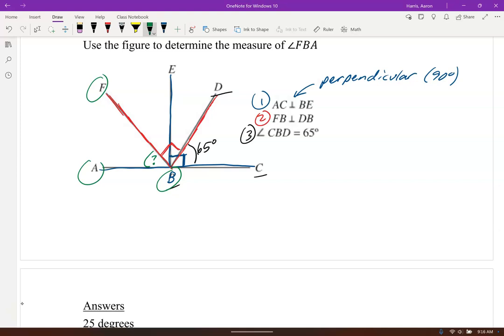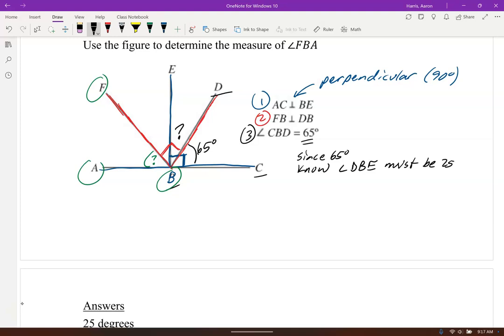Okay. Well, the first thing I'm going to do is take that 65 degrees. Since I have 65 degrees, I know angle DBE must be, because 65 and this angle right here where I put the question mark in black, they have to add up to 90 degrees because they're complementary.